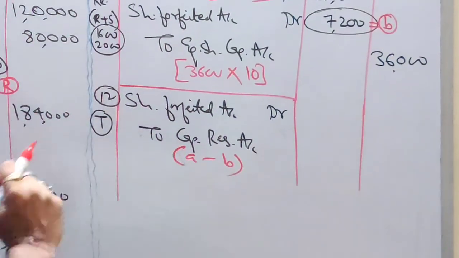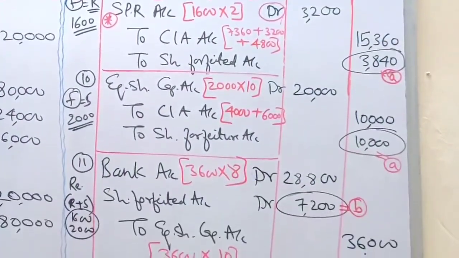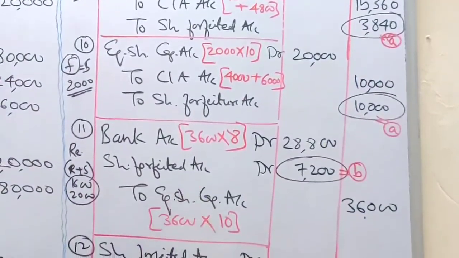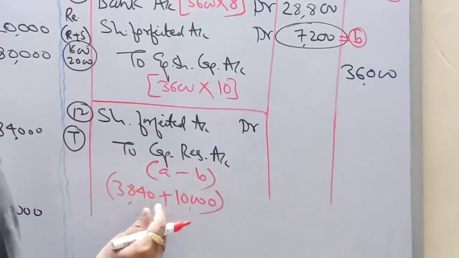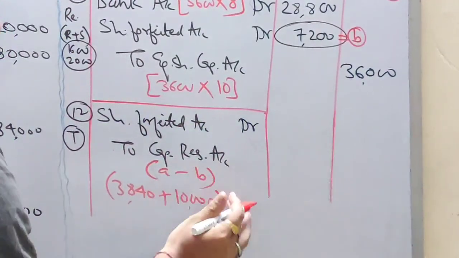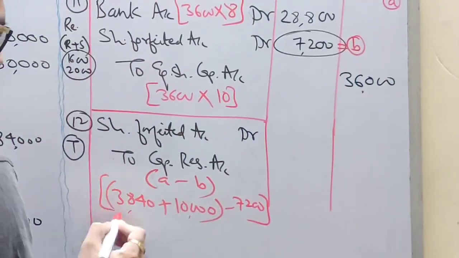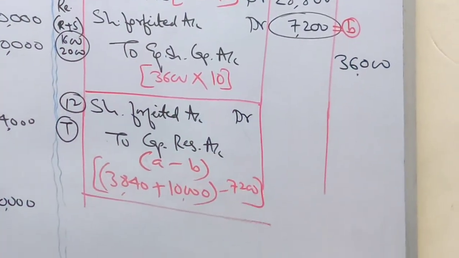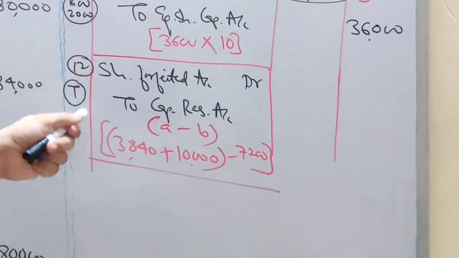So how many A's you have? 3840 plus 10,000. These are your A ka value minus B. B ka value is 7,200. Am I clear with this? So when you do A minus B, you get the transfer value.